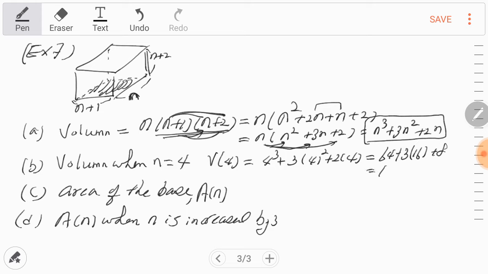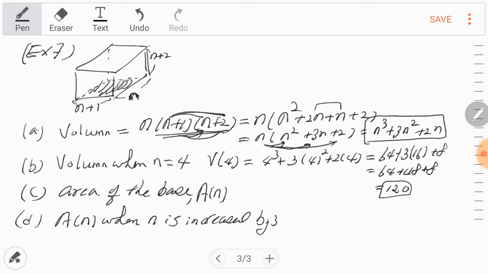Then 64 plus 48 plus 8 is 120, right? So the volume when n equals 4 is 120, maybe cubic inches, whatever the unit is.